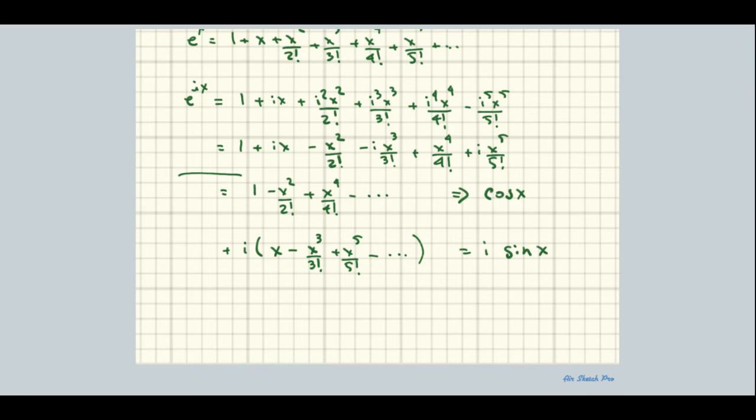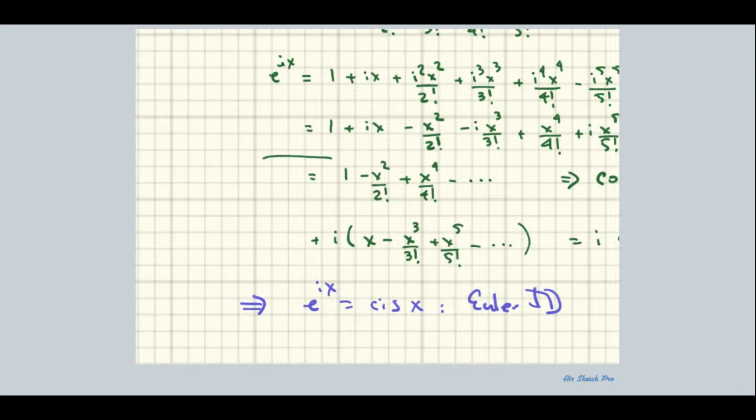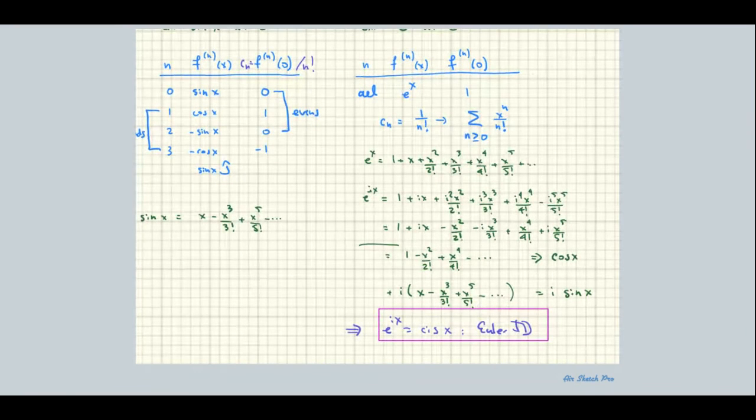And so we have now, guys, e to the ix equals cis x, the Euler identity. Yay!